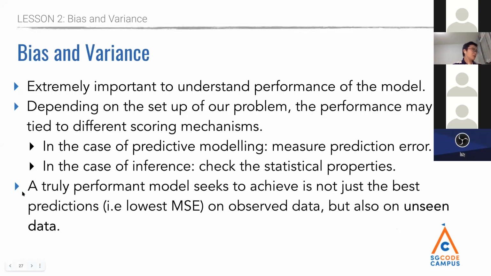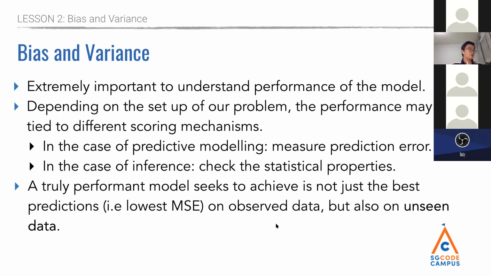A truly performant model should seek a balance between the bias and variance. It should do well on the observed data. Say you want to predict something according to historical data. You should be able to fit the historical data very well. Your model should be able to explain your history very well, but you should also do well on the unseen data, which happens in the future.